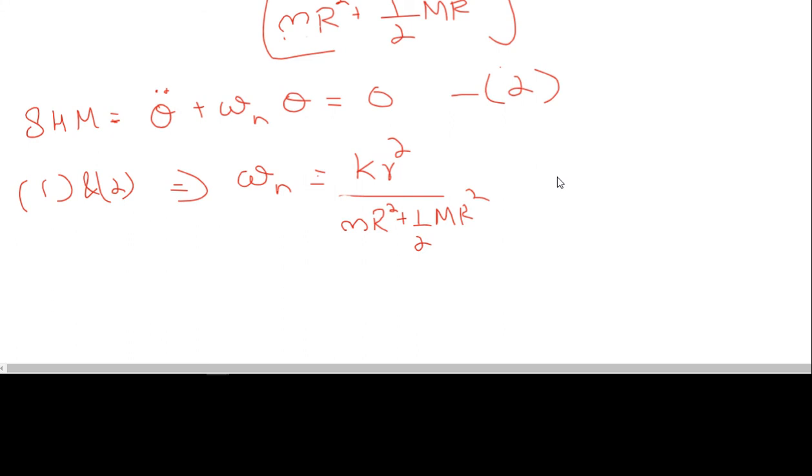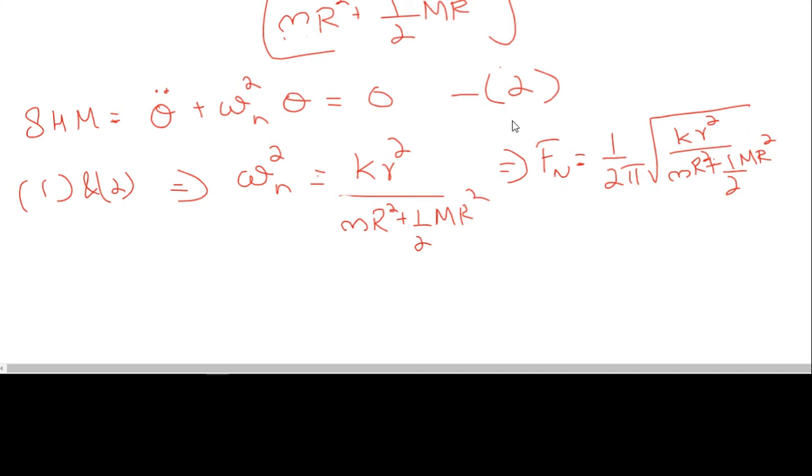Consequently, the natural frequency is 1 by 2 pi omega n. Omega n square is k r square by m r square plus half M r square, and we know frequency is 1 by 2 pi omega, so 1 by 2 pi into root of k r square divided by m r square plus half M r square. So this will be the equation of natural frequency of the system.